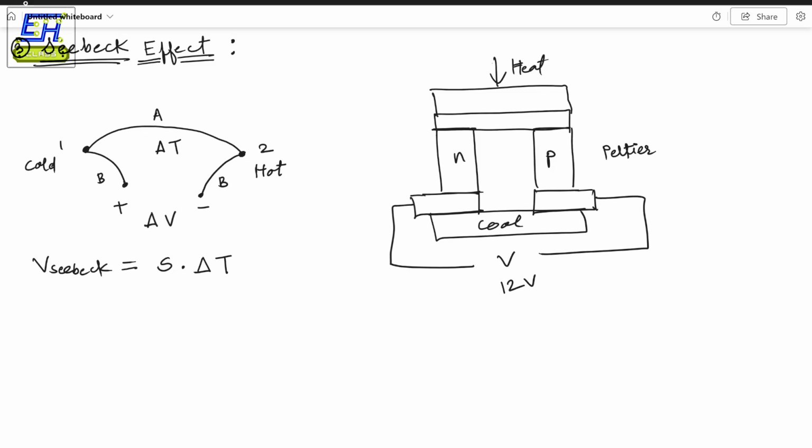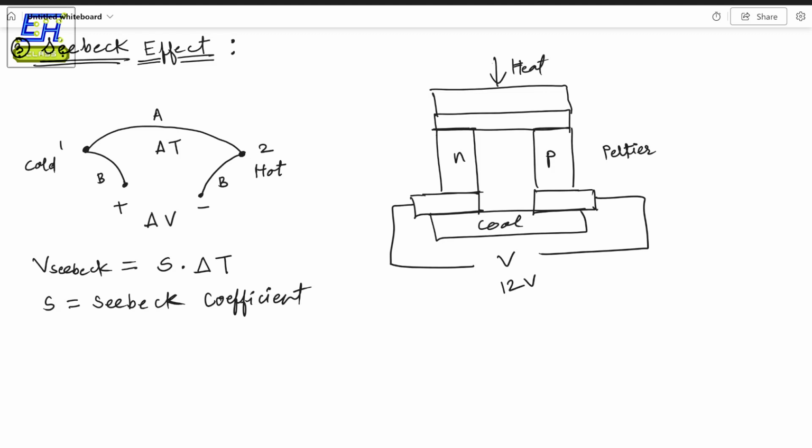Basically, this is a property of a material which tells us the sensitivity, and how many volts this thing can produce per degree change in temperature, right? And this temperature, again in metrics, is Kelvin. So this is volts per Kelvin.